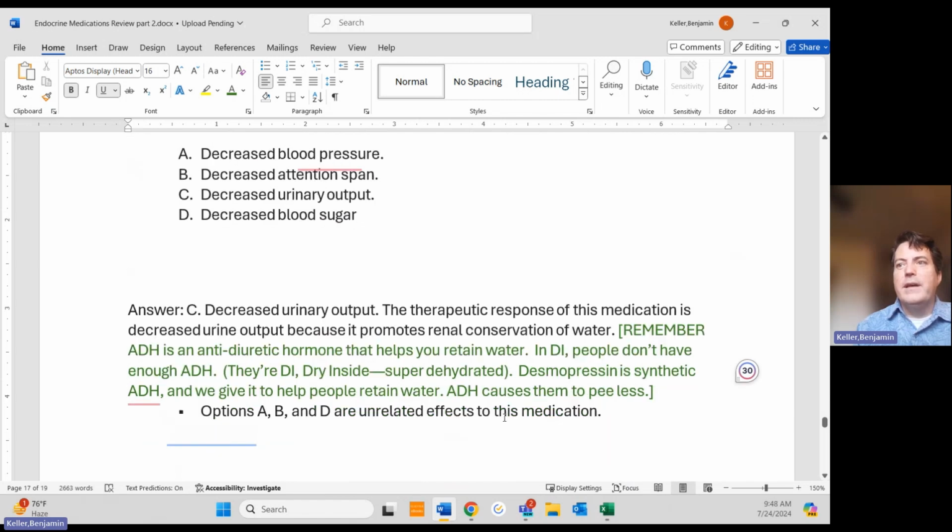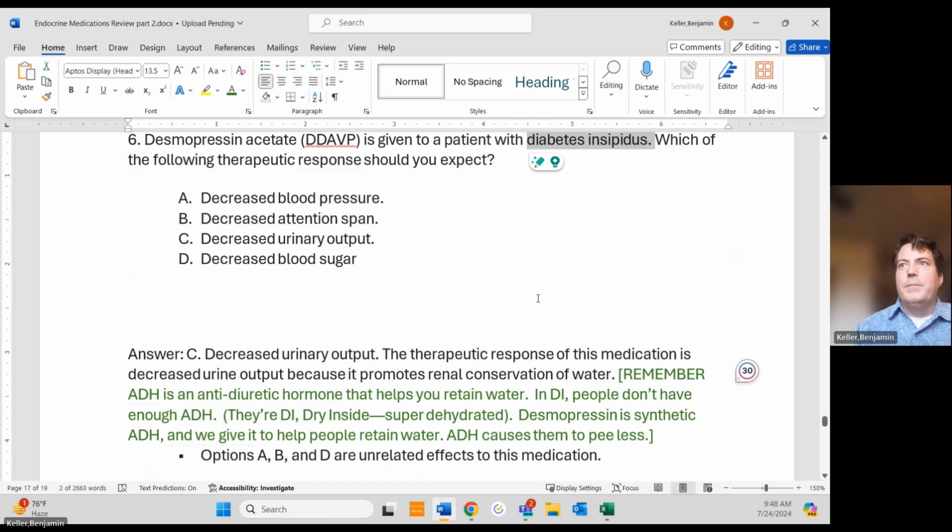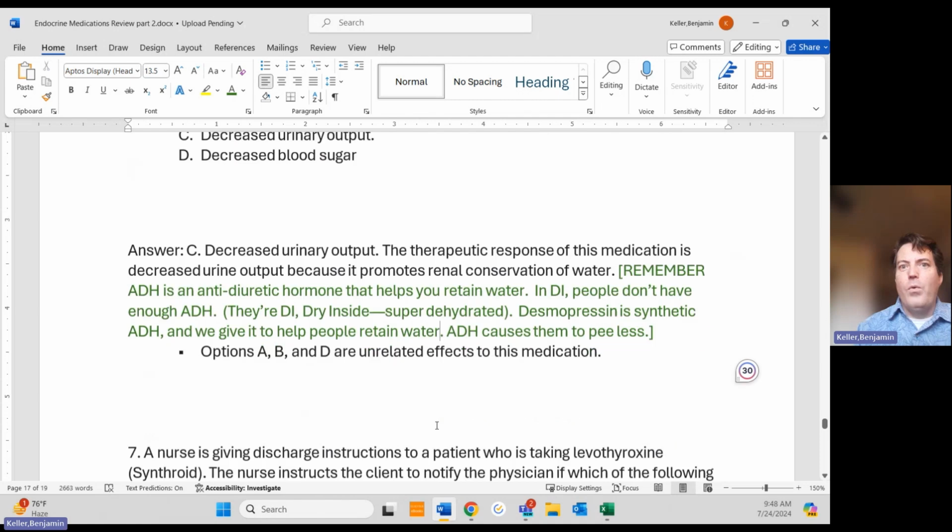So desmopressin is synthetic ADH, and we give it to help people retain water. ADH causes them to pee less. So if we're causing them to pee less, that's decreasing their urine output, which means they're retaining water, which is what we want this medication to do because they are dry inside and we need them to hang on to that water. All right.